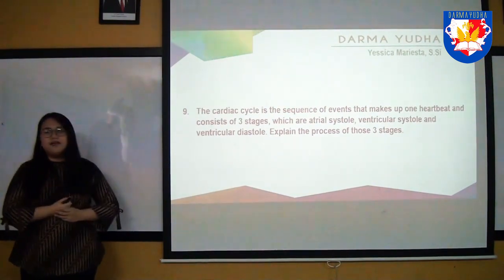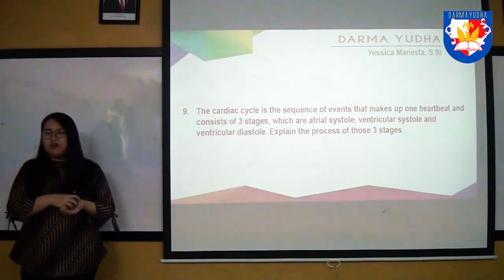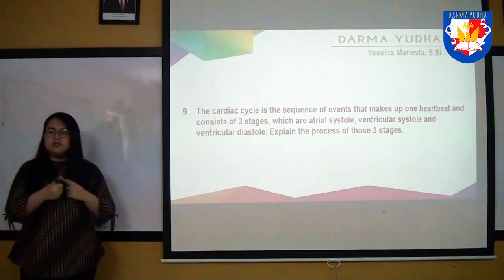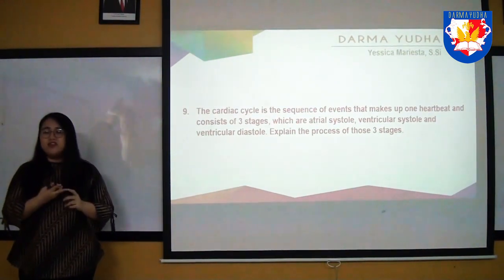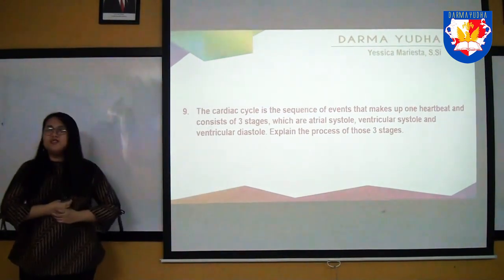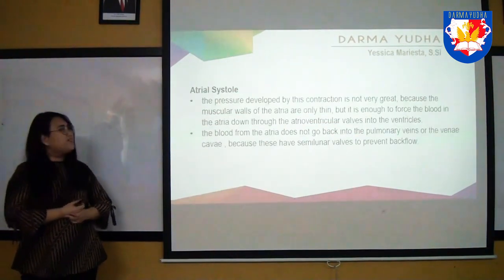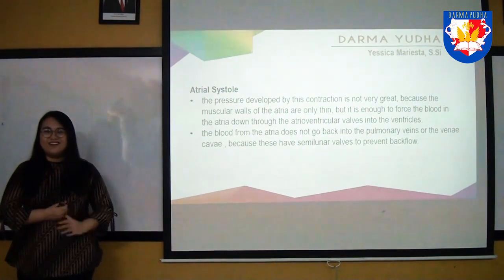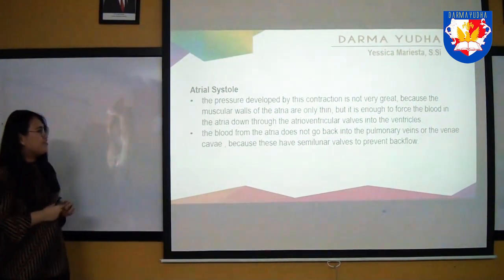Number 9. The cardiac cycle is a sequence that makes one heartbeat, and it consists of 3 stages: the atrial systole, ventricular systole, and ventricular diastole. Explain those 3 processes. Let's begin with number 1, the atrial systole.